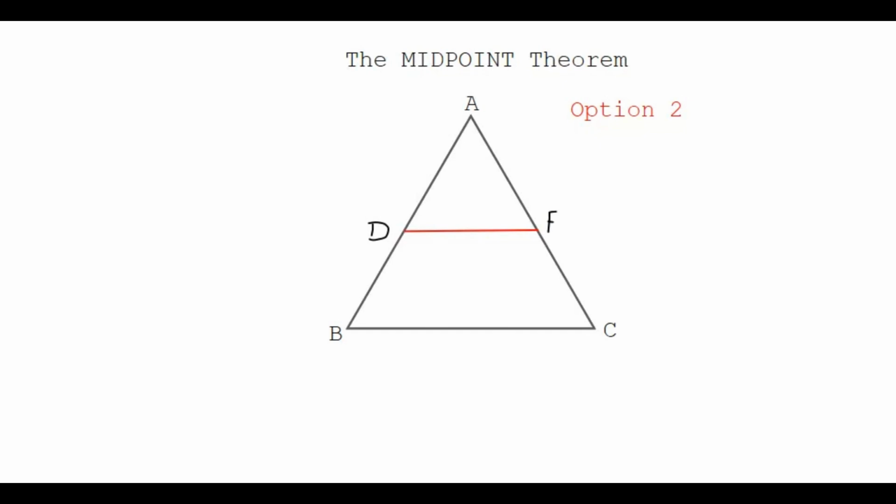Now if these two are parallel, so if it is given that AD is equal in length to DB, in other words, D is the midpoint of AB, and it is given that DF is parallel to BC, then we can conclude that AF would be equal in length to FC.